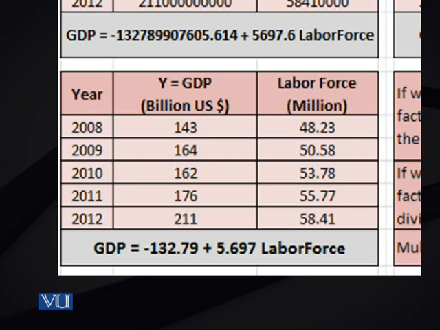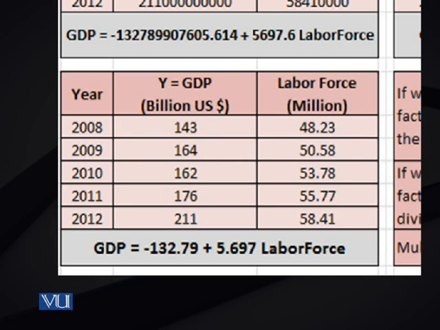So note that the equation in the third table, minus 132.79 plus 5.697 into labor force, is very easy to understand and interpret. So how to interpret it? Because the values of labor force are in millions, you'll say a 1 million change in the labor force may increase the gross domestic product by 5.697. That is 5.697 billion, as the values of GDP are taken in billion US dollars.